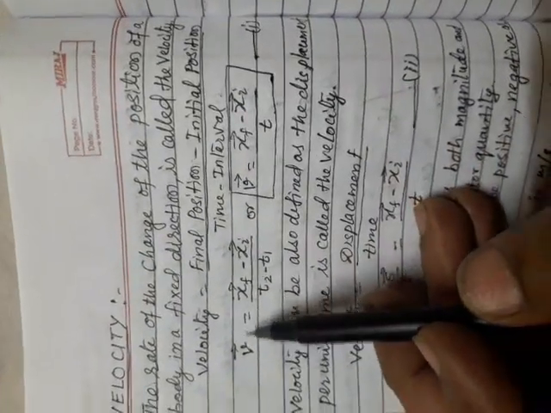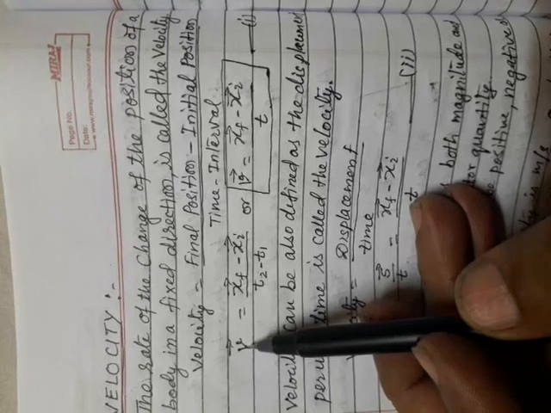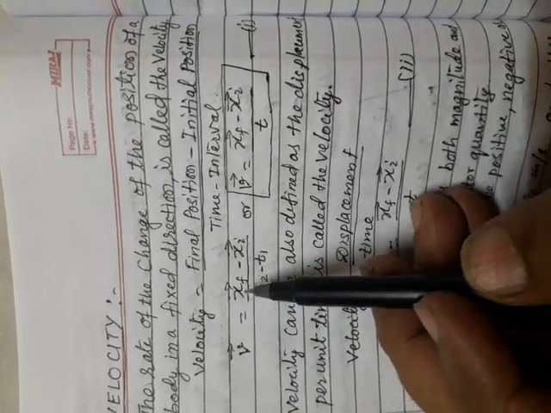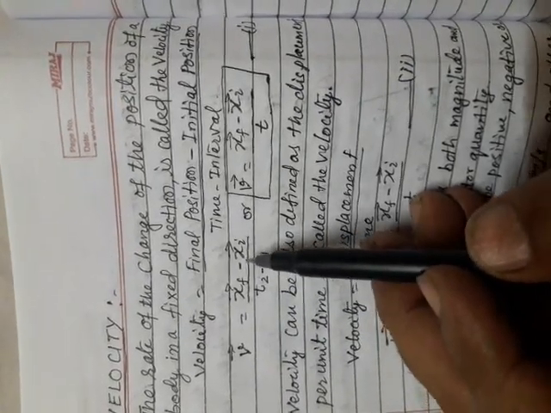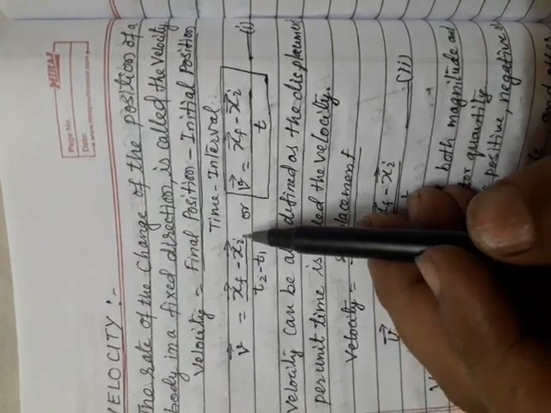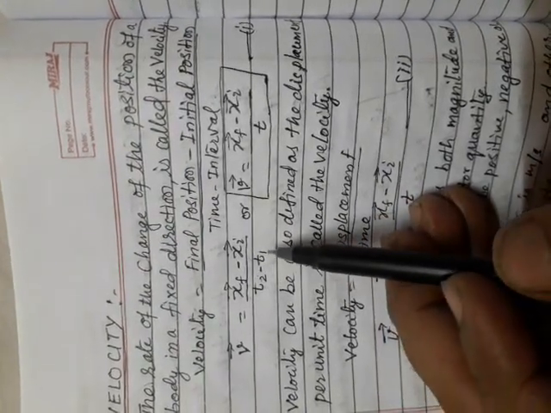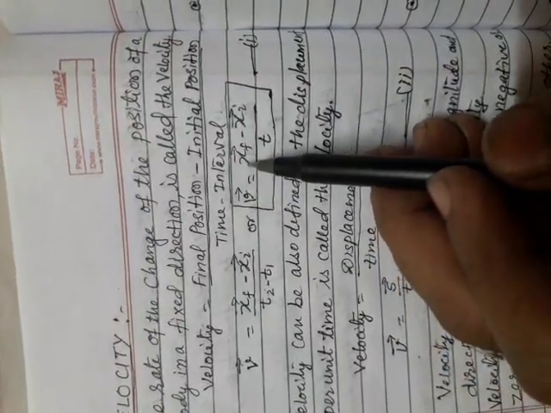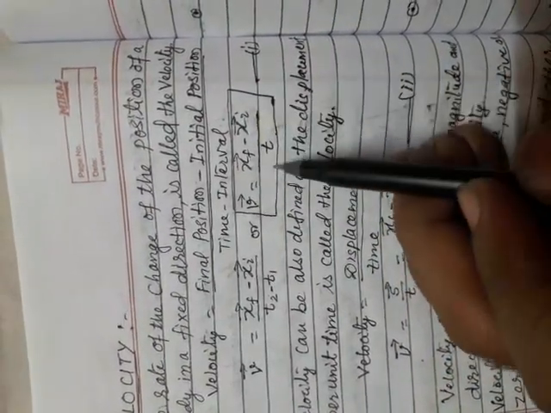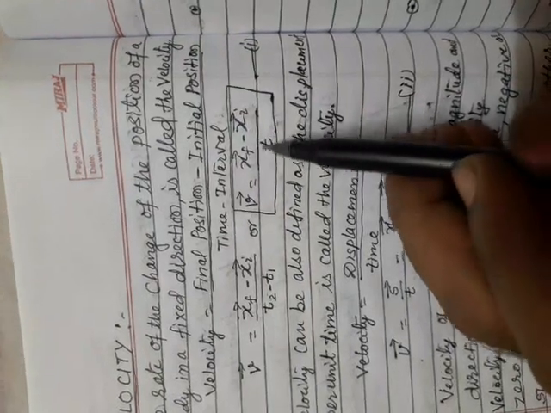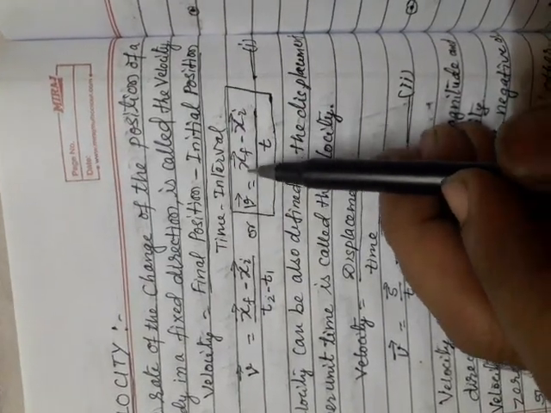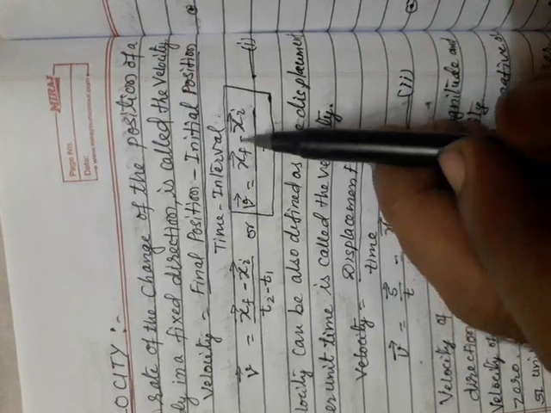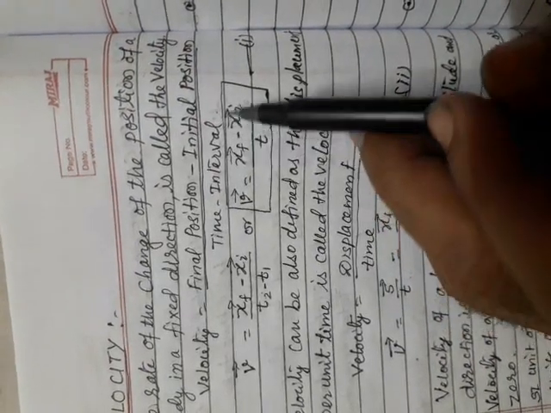It is expressed mathematically as v equals final position xf minus initial position xi by time interval t2 minus t1, or v equals xf minus xi by t, where t shows the time interval, xf is the final position, xi is the initial position.